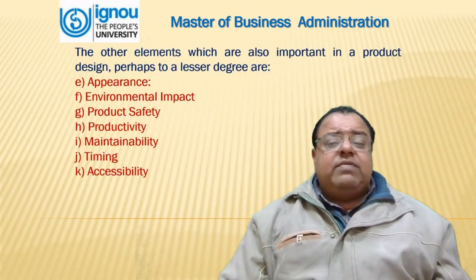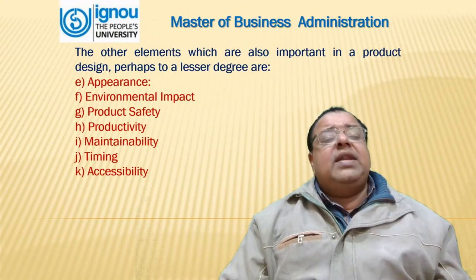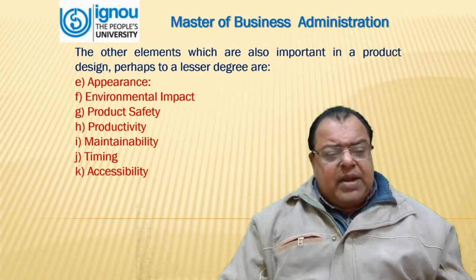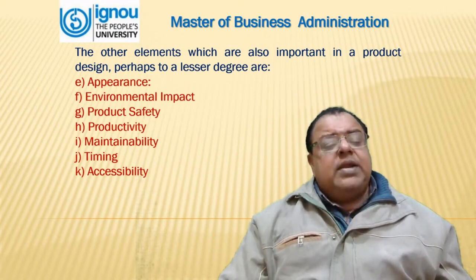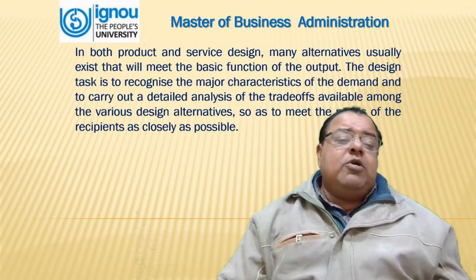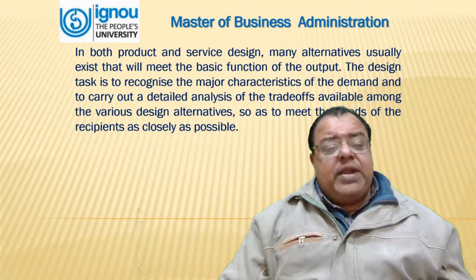The other elements which are also important in a product design, perhaps to a lesser degree, are appearance, environmental impact, product safety, productivity, maintainability, timing, and accessibility. In both product and services design, many alternatives usually exist that will meet the basic function of the output.